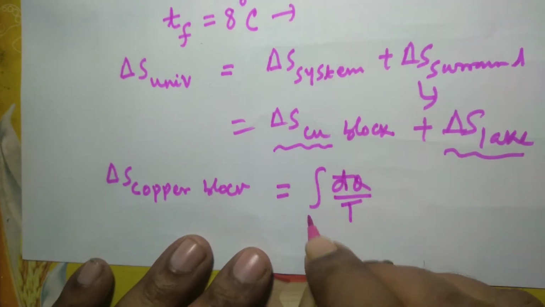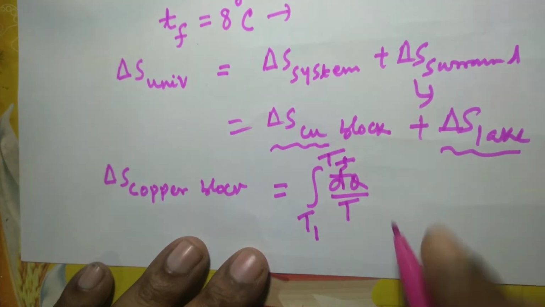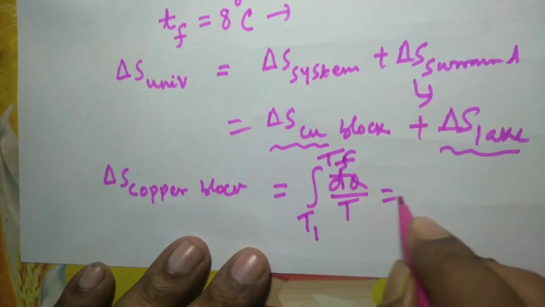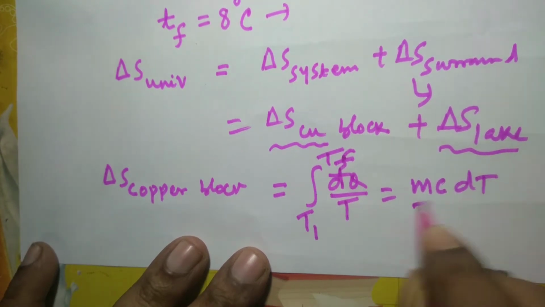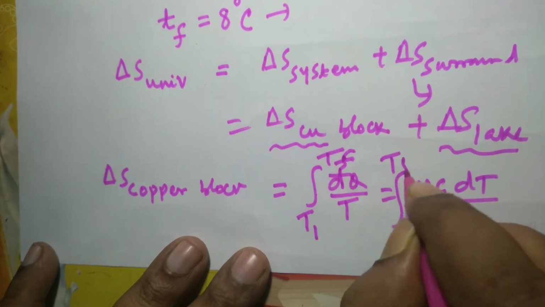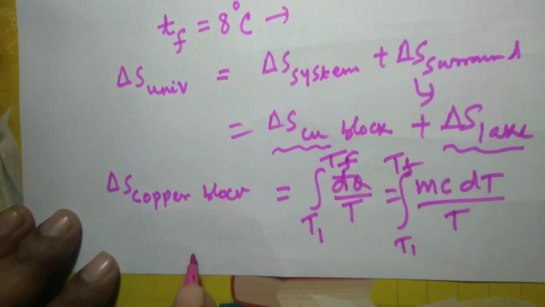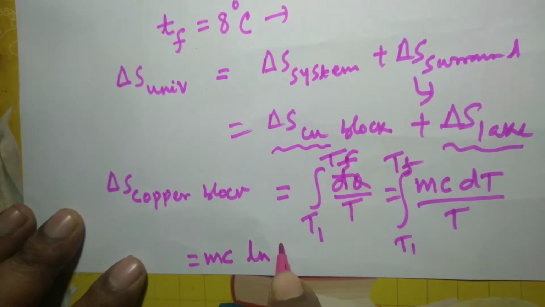which is nothing but, this is suppose T1, this is suppose final equilibrium temperature Tf. This is m c dT upon T. Integration limit is from T1 to Tf, and that is equal to m c ln Tf upon T1.